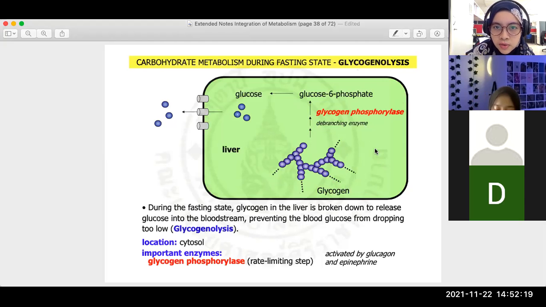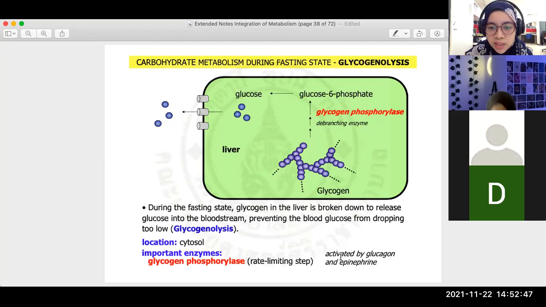Okay, so if in fed state insulin plays an important role, in fasting state the important hormones here would be glucagon and also adrenaline, as we have covered before in our tutorial. Adrenaline is important in fasting state or even in conditions where blood glucose level is low, for example during intense exercise.